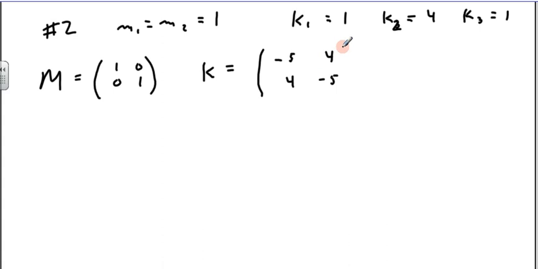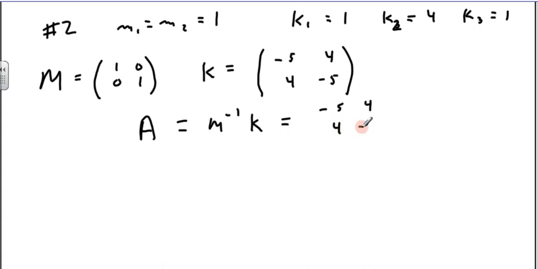And A is going to be M inverse K. Well, the identity matrix is its own inverse, so that's convenient. And so my A is going to be minus 5, 4, 4, minus 5.